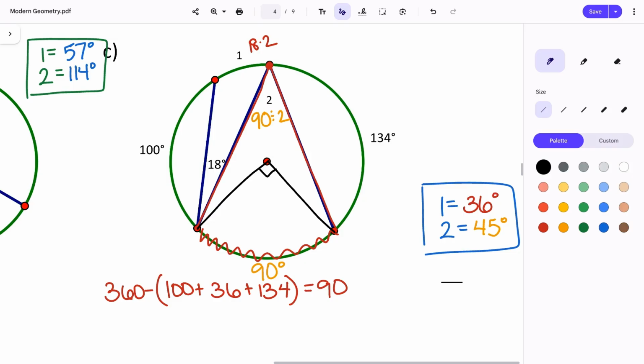But if they don't give us this number, we still would need to do this work to verify that it is 90. That's a good question, though. Yeah, we don't want to run into any assuming. We did that when we were proving things. We don't want to assume that something looks a certain way in our pictures. There has to be some kind of mathematical reasoning as to why we got there. Good question. Anyone else have questions about inscribed angles today?